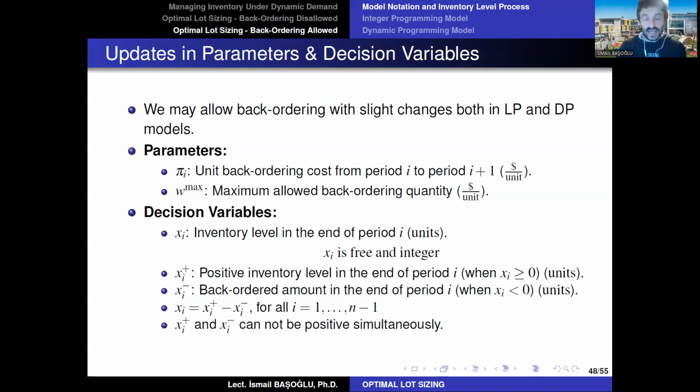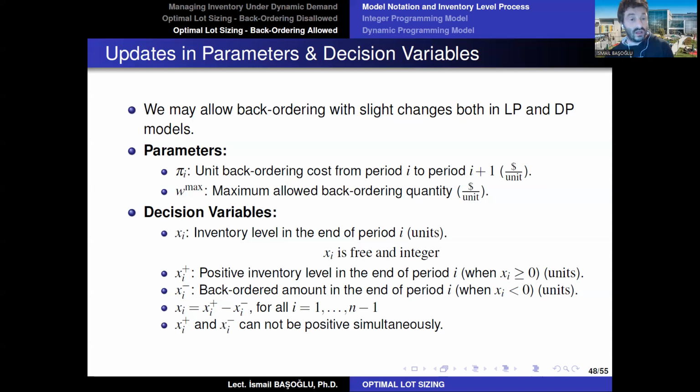So we say that at the end of any period, we can think about ending up with a negative level of inventory, which means we are promising our customers that we are going to deliver their products ultimately in future periods. That means you are postponing the customer's demand. If you end up with a positive level of inventory at the end of a period, you can meet the demand of future periods with it.